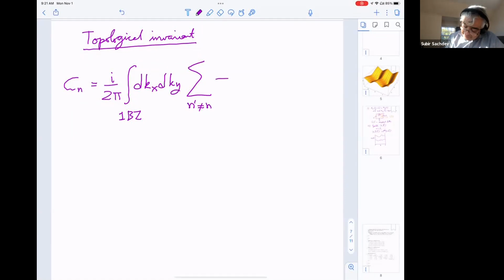So it's a bit of a long expression. The denominator is the difference in the energies, squared. And the numerator is the following object.